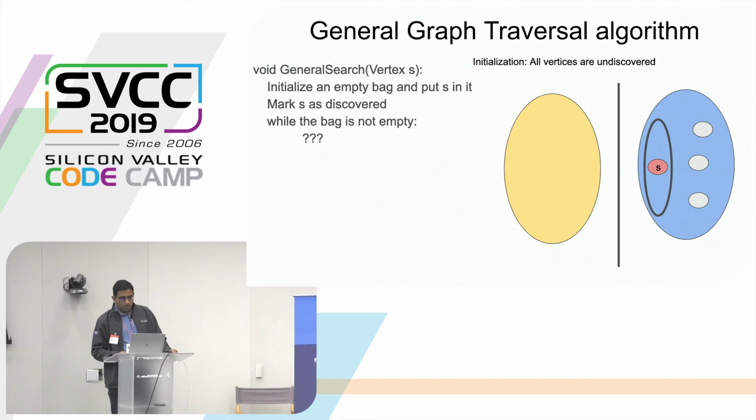And then, as long as we have some vertex in the bag, what we did is we picked an arbitrary vertex, we reached out to all its direct neighbors, we checked if any of them were undiscovered yet. If so, we added them to the bag, marked them as discovered, and we repeated this process.